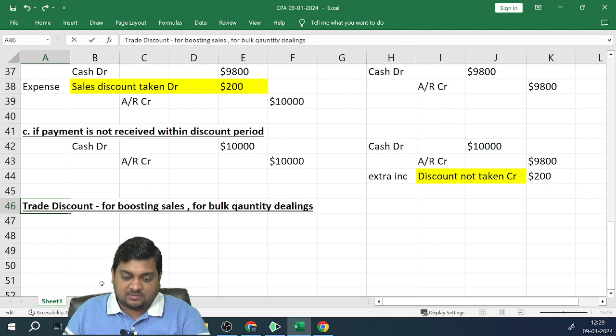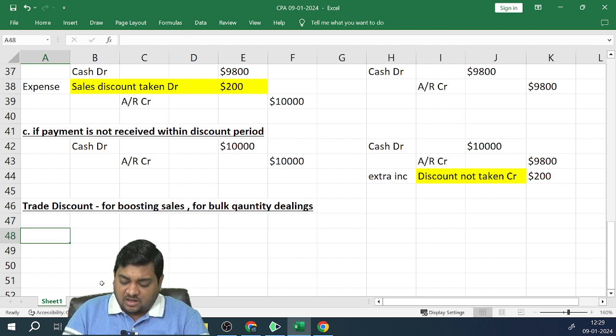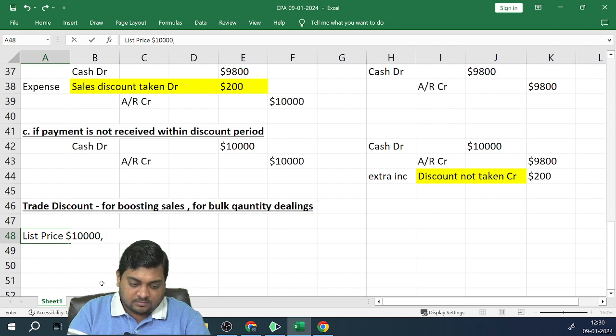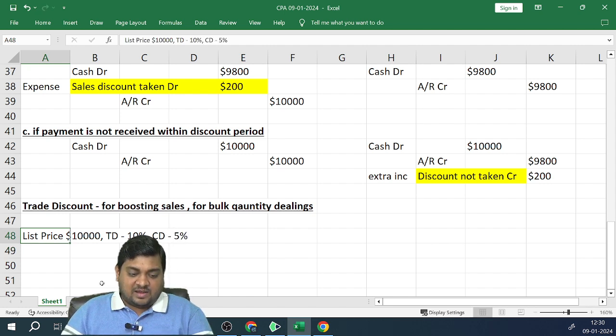Whatever, they will give you a list price. List price, suppose it is $10,000, and TD is 10%, CD is 5%.